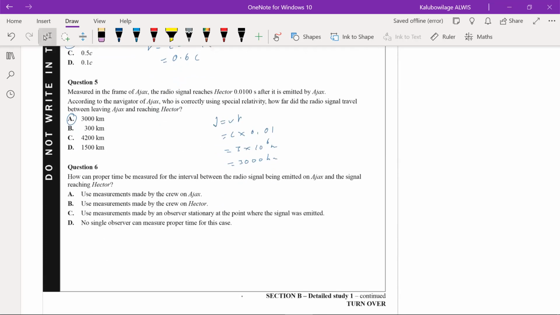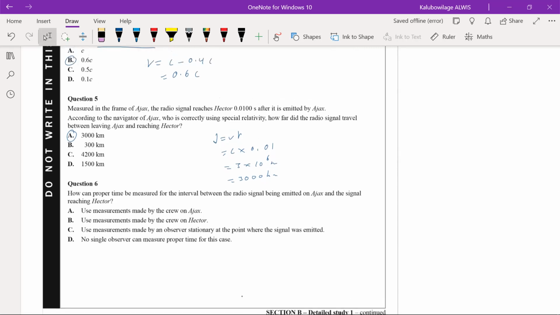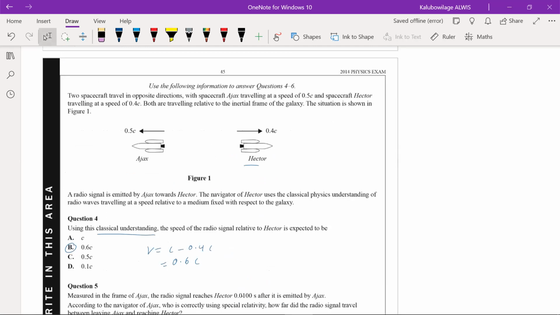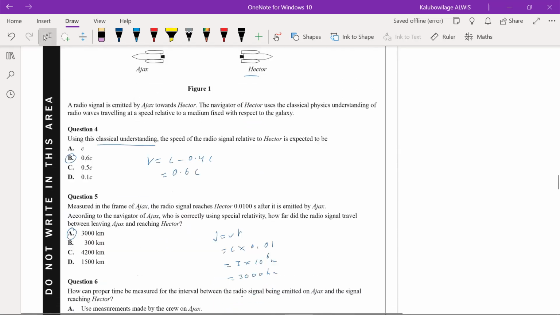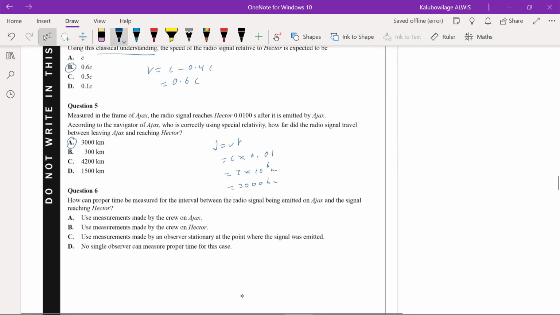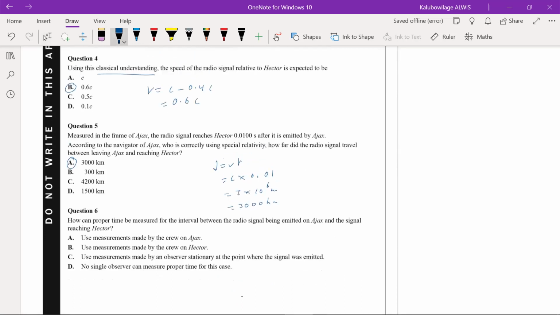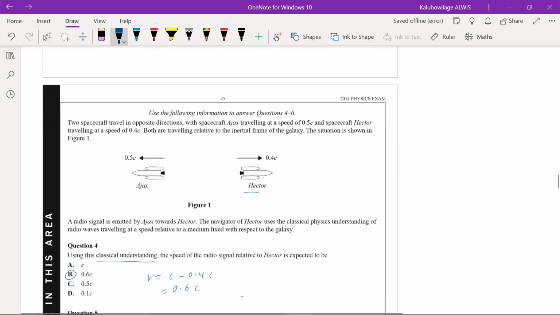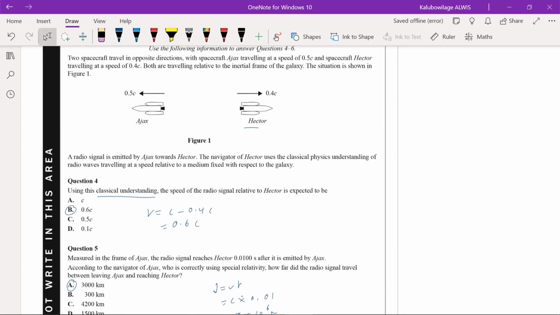How can proper time be measured for the interval between the radio signal being emitted on Ajax and the signal reaching Hector? This is like this situation, they're both moving away, and you can't really use the crew on Ajax to measure the proper time, since they're observing something that has special relativity affecting it, and then same for Hector.